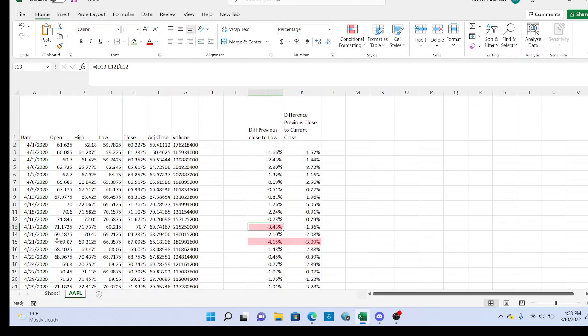You can see here that on the 17th of 2020, we fell 3.43%. But where did we close? We actually closed just 1.36% to the downside. So from the actual low to the close, we rebounded about 2%.